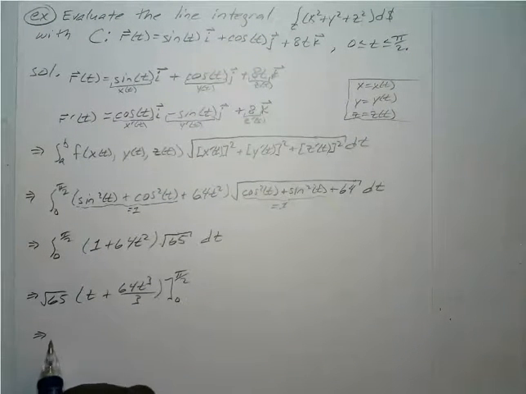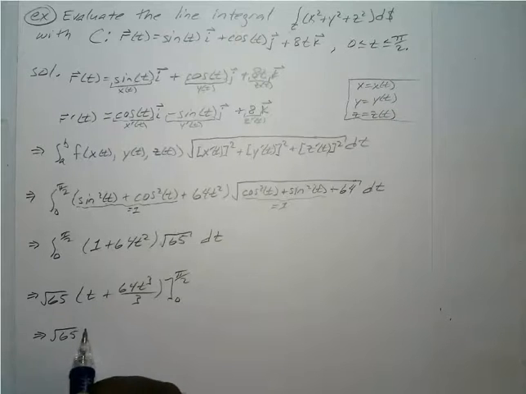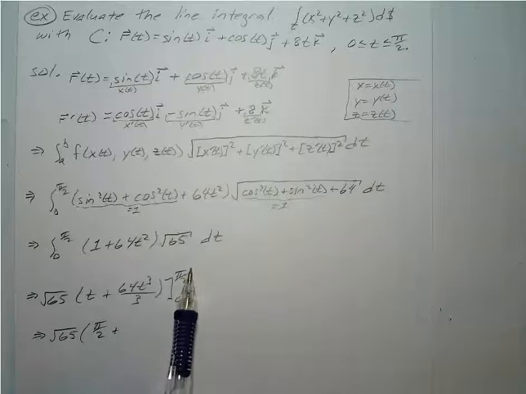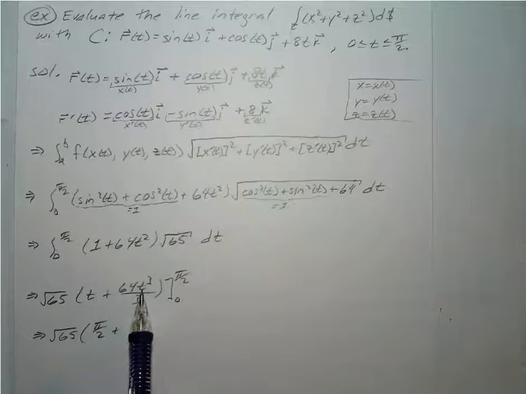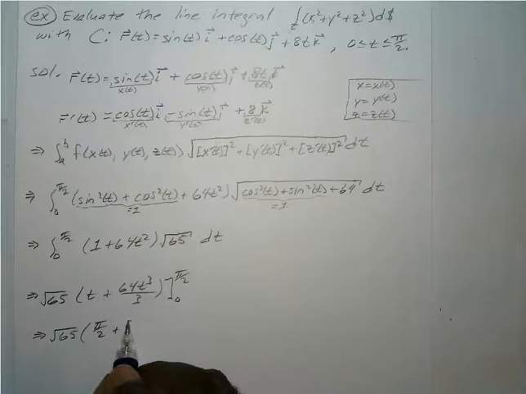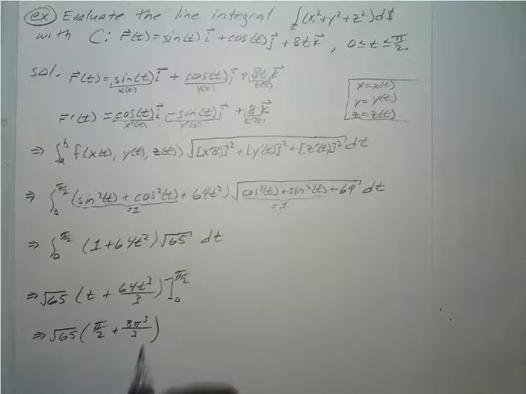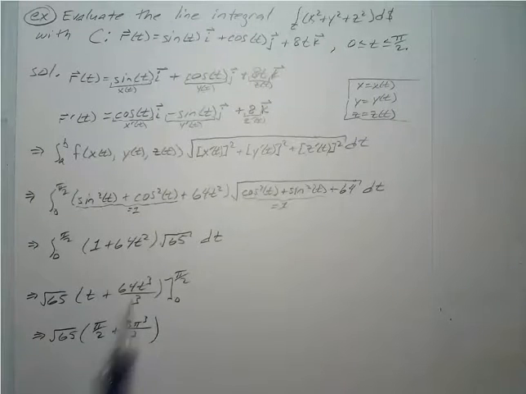So finishing this one off, we have square root of 65 times pi over 2 plus, here we have 64 pi over 8, and that over 3, so that would give us 8 pi to the third over 3. Of course, you plug in 0, you just get 0 plus 0, so we can go past that.